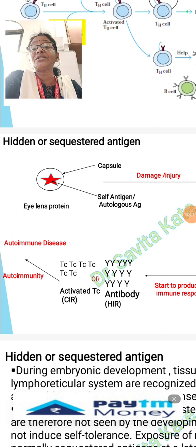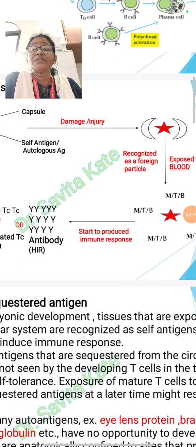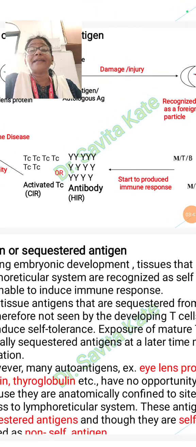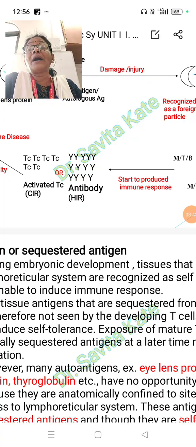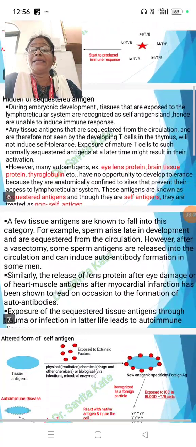Since the embryonic period, our immunocompetent cells recognize this autologous antigen as hidden or in a capsulated form, but once that hidden nature is broken, they recognize them as a foreign particle and start to produce the immune response, and that is responsible for the damage. So this is in short about the first mechanism, the hidden or sequestered nature of antigen.